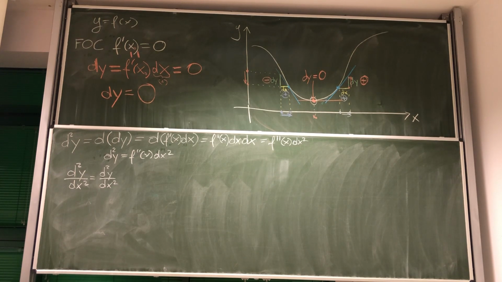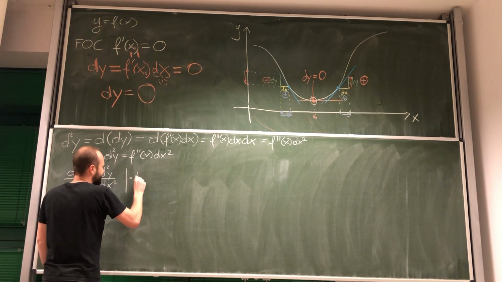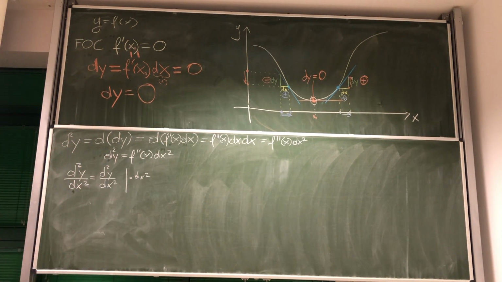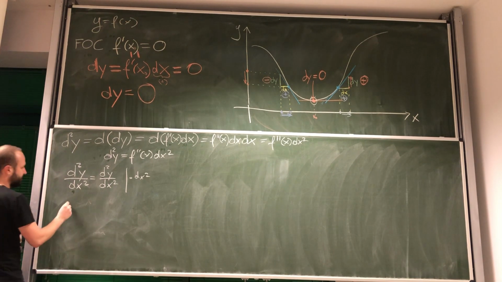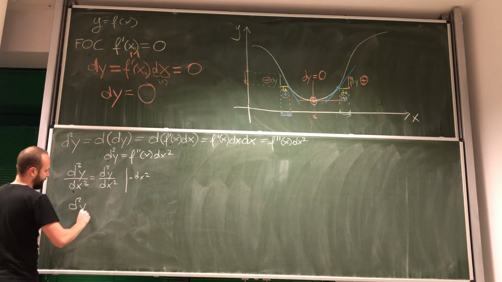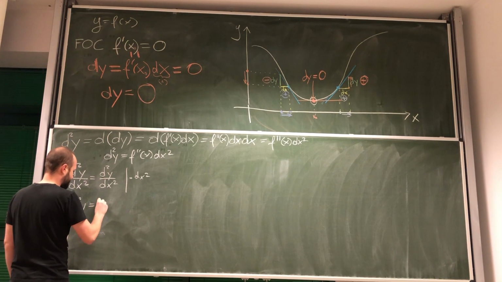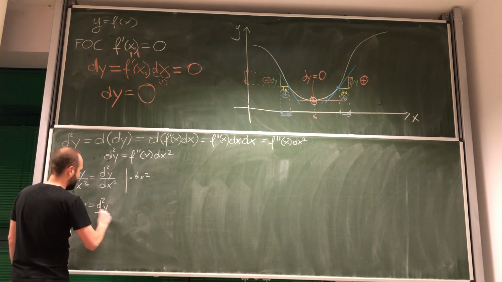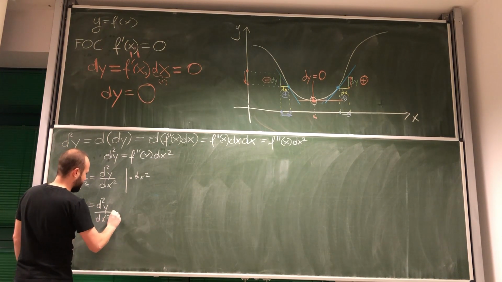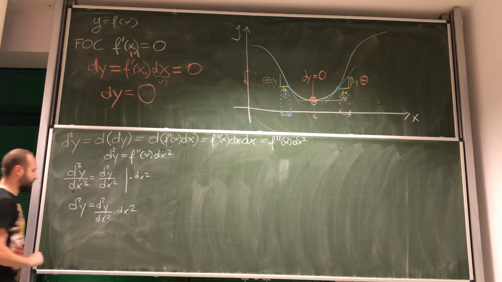So, look, now if I multiply both sides by dx squared, what am I going to get? d squared y is equal to f double prime of x times dx squared.